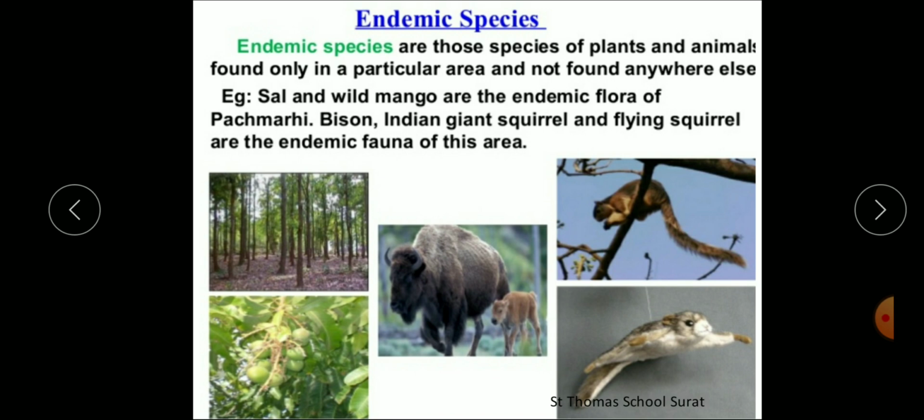They will produce fertile offspring only with the members of their own species. They will not interbreed with other species. Okay, that is what species is, a group or class of animals or plants having common characteristics.